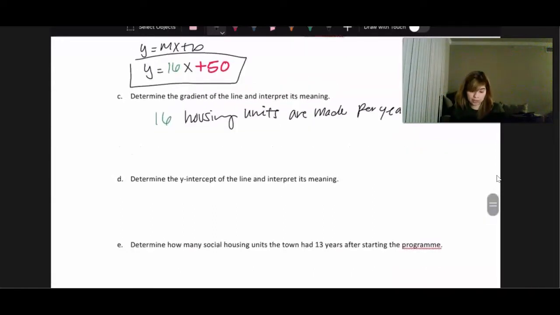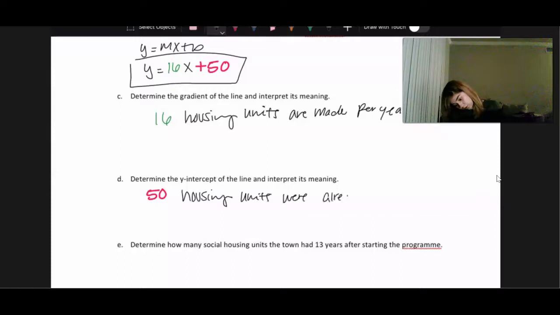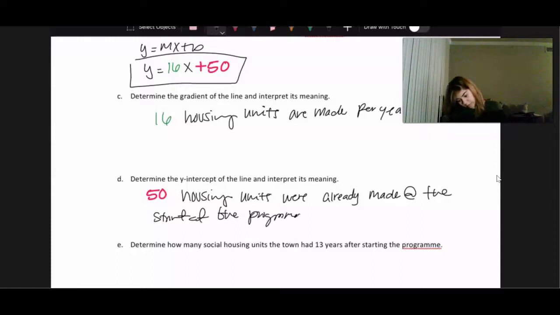We already found the y-intercept is 50 housing units already made at the start of the program. Which makes sense. The program didn't create all the housing units. There were already 50 housing units. The program just allowed them to create more housing units at a stated rate.